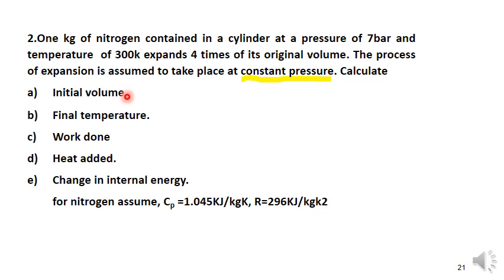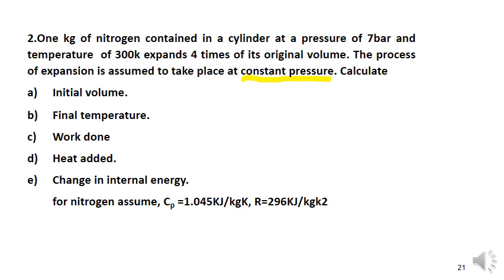So initial volume means V1, final temperature means T2, work done dW is equal to P(V2 minus V1), heat added at constant pressure means mCp(T2 minus T1), internal energy dU is equal to mCv(T2 minus T1). So by using the two given values, we can find the Cv value.